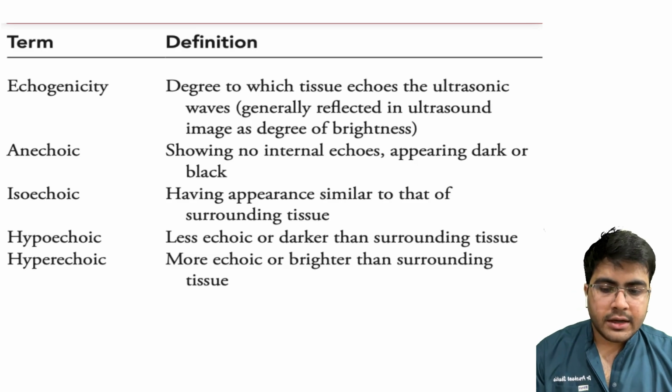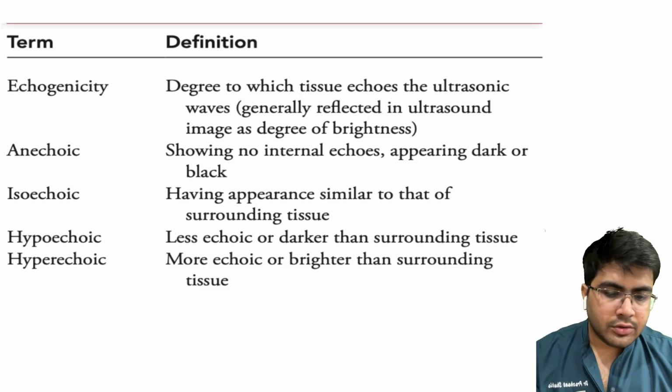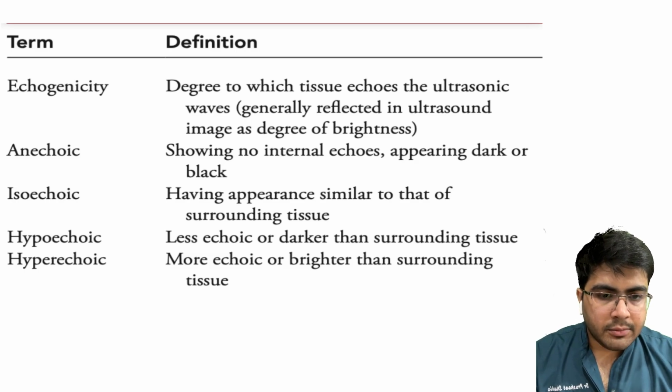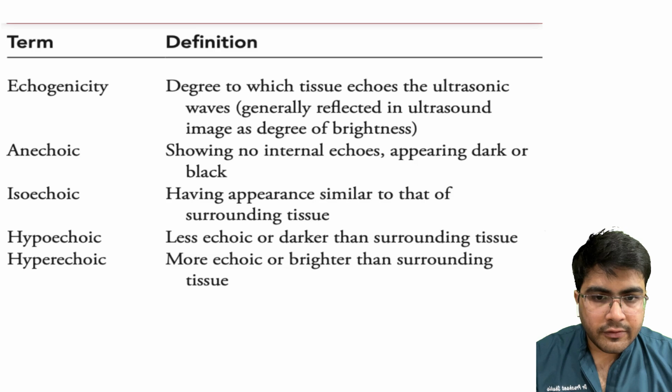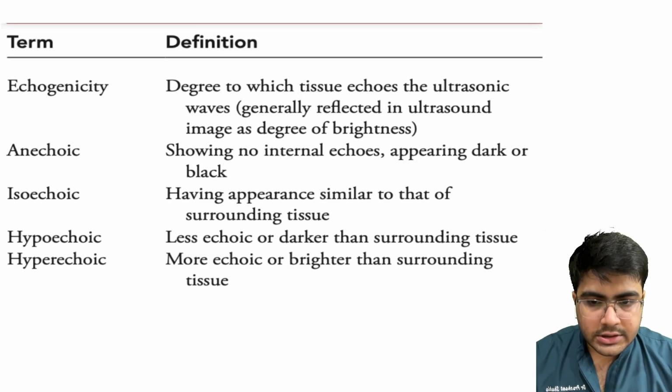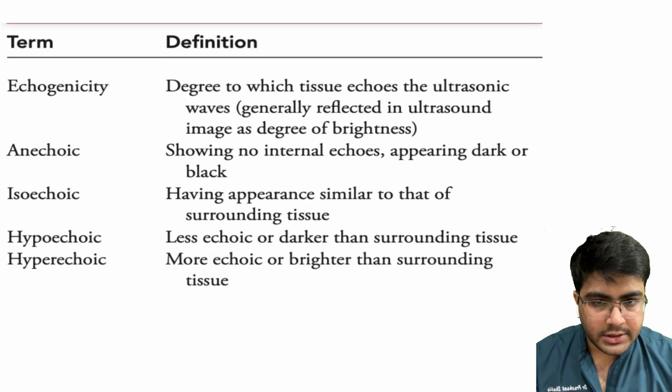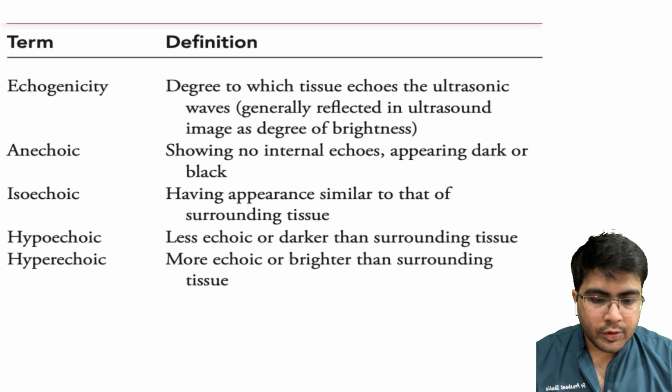Then comes the isoechoic. If the structure is isoechoic, it means there is no difference in the echogenicity of that pathology and the tissue in which that pathology is present. Then comes the hypoechoic.